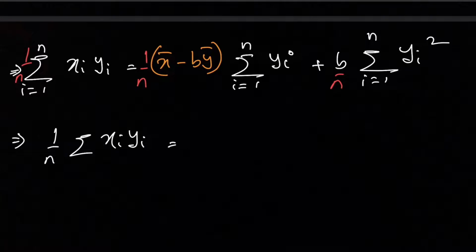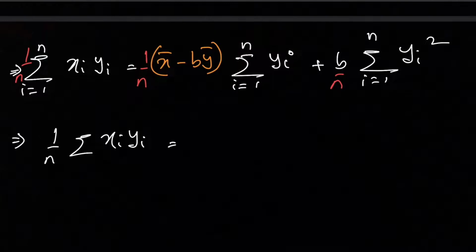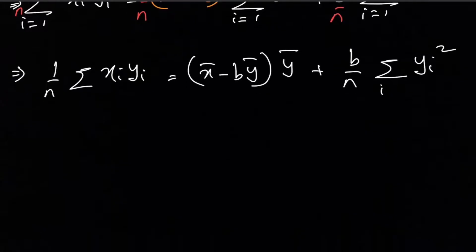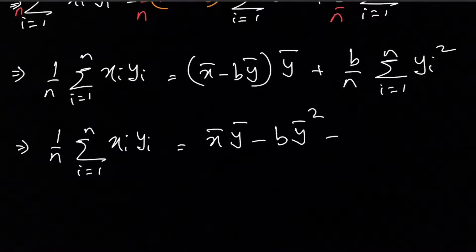So 1 by n summation yi, this one becomes y bar actually, so it becomes x bar minus b y bar times y bar plus b by n summation yi square, where i is equal to 1 to n. And 1 by n summation i is equal to 1 to n xi yi has become x bar y bar minus b times y bar square plus b by n summation 1 to n yi square.